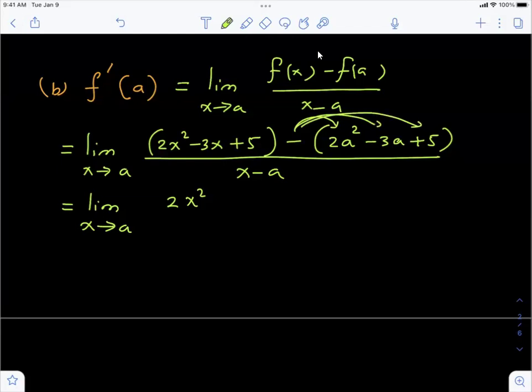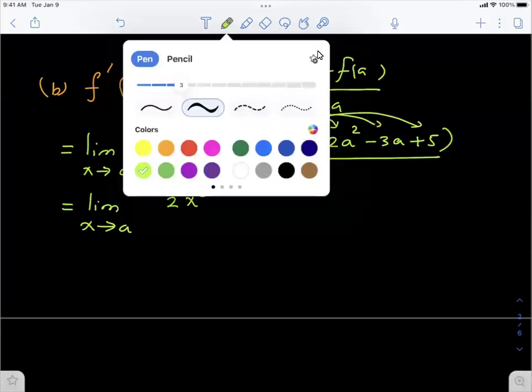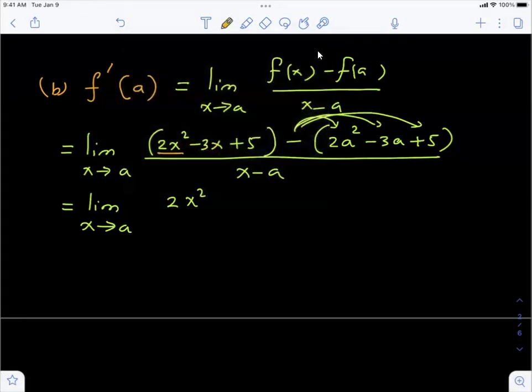What are the like terms here? 2x squared is pretty much like 2a squared. Minus 3x is pretty much like minus here, together with that minus sign, it will be plus eventually, but these two are similar. And these two values, right? Those two are pretty similar.